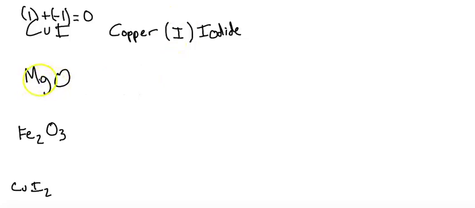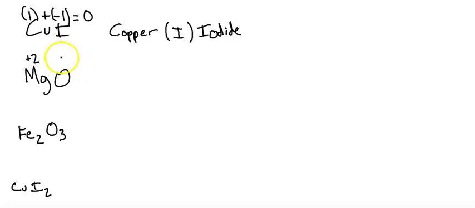So the next example, we have MgO. If you look on your periodic table, you're going to remember that Mg is actually a group 2 metal. So it has a set charge of +2.